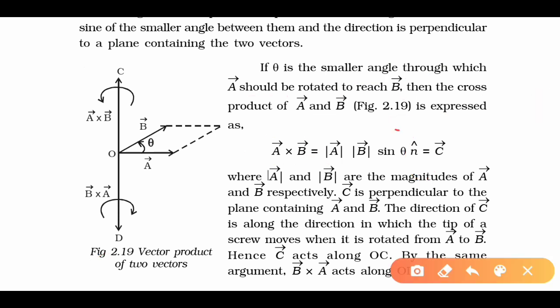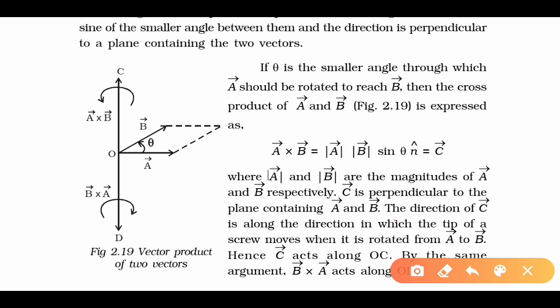The vector product of two vectors will be a vector quantity. So we are representing this by a new vector that is denoted by C vector. Clear? Where mod A and mod B are the magnitudes of A vector and B vector respectively. C is perpendicular to the plane containing A vector and B vector.